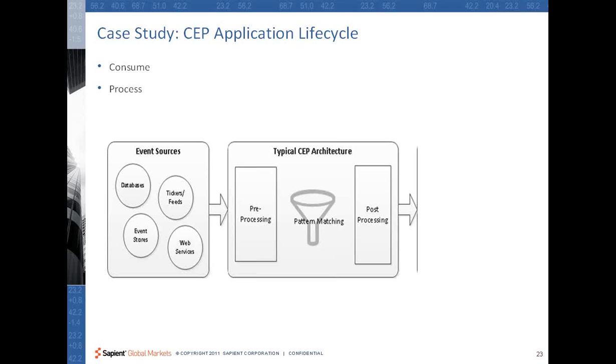Within the CEP engine, there would be some amount of pre-processing required, like converting the source specific event format into a CEP specific understandable format. Once the pre-processing is done, the events are then washed over the queries that have been predefined.